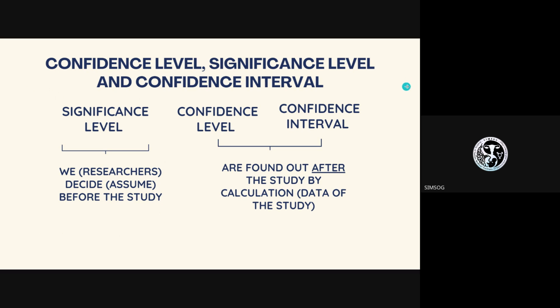Whereas your confidence level and your confidence interval are found out after the study by calculation, that is, from the data of our study. Your significance level is what you decide before you start the study, at the protocol designing stage, whereas your confidence level and confidence interval are the words you will use while speaking of your results after you complete your study.